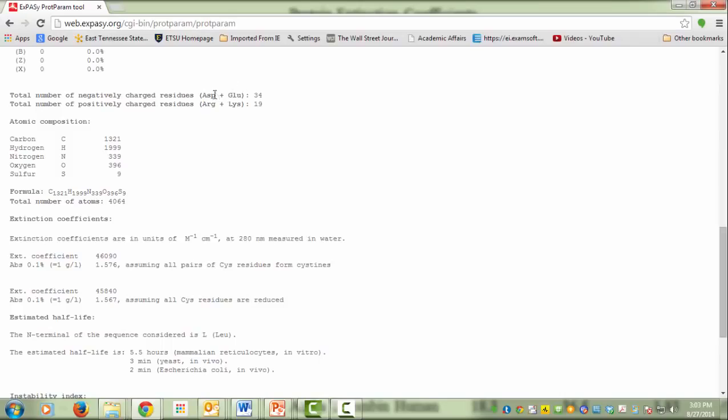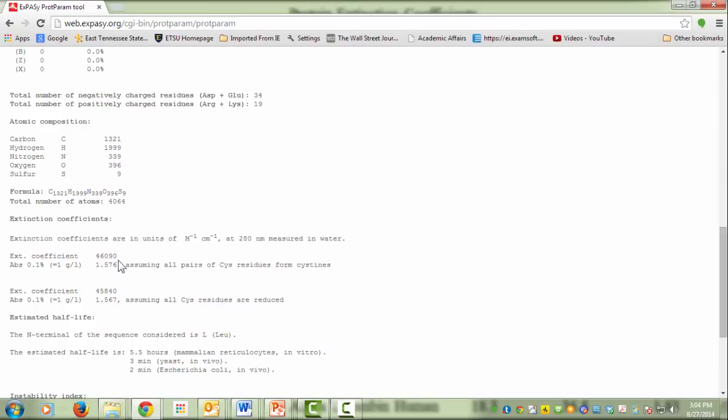You can see that you have more aspartic and glutamic, therefore you have the low pI below 7. And then the extinction coefficients, here's the molar extinction coefficient. So a 1 molar solution of this would have a 46,090 absorbance at 280 nanometers.